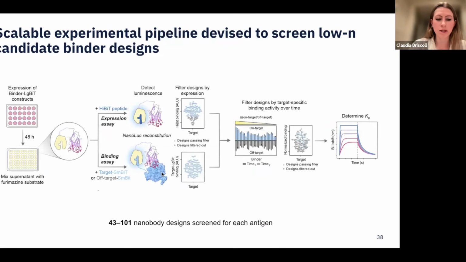It's binder fused to large bit, binding to target fused to small bit, or off-target fused to small bit. You would expect to see a high luminescent signal if your binder is binding to your target, because it's pulling the small bit and the large bit together. But if you are not seeing any binding, you'd expect to see a low luminescent signal.